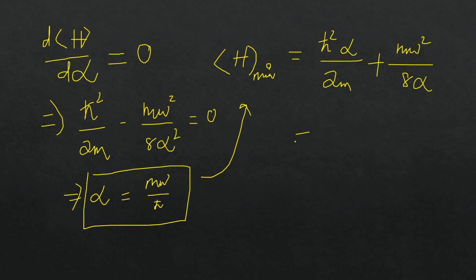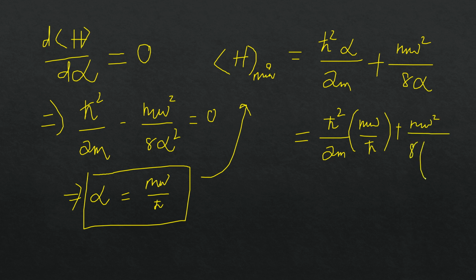So alpha is your m omega by h cut. Put it in: h cut square by 2m into m omega by h cut, plus m omega square by 8 into h cut by m omega.